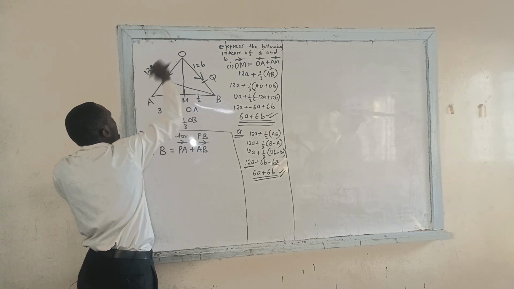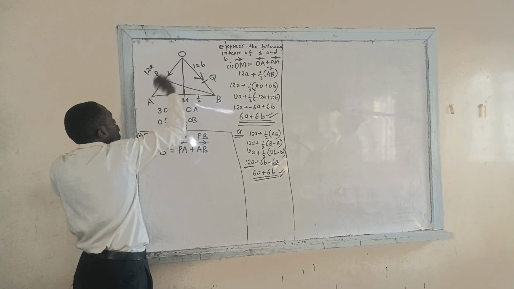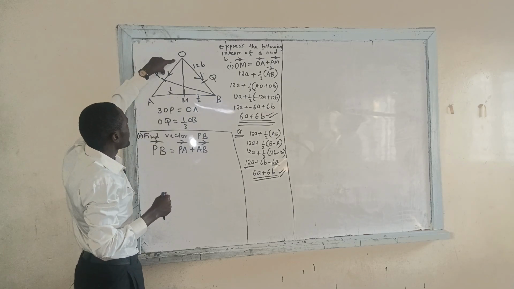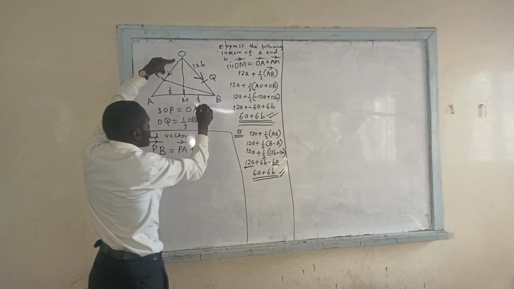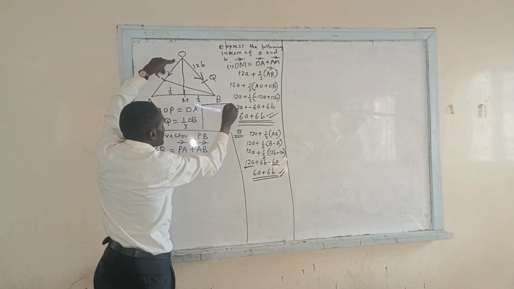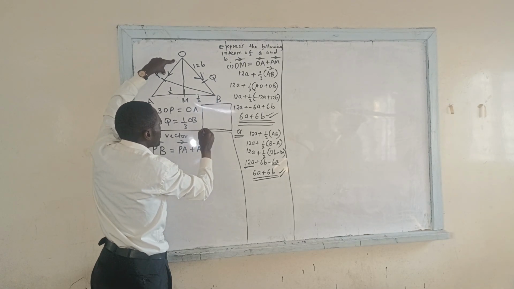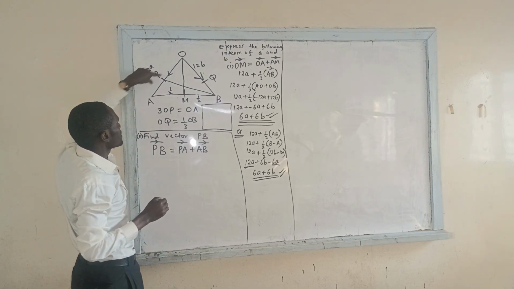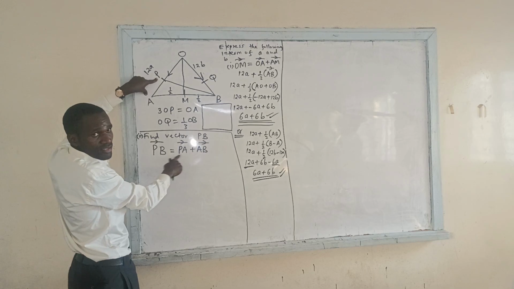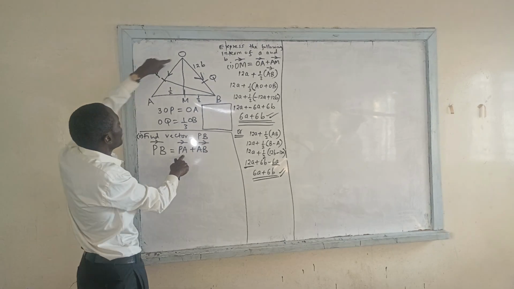The whole of this vector is 12A from O to A. But you are told OP is 3 times OA. Look at that. OP is 3 times OA. So you need to know this OP. Once you have this OP, you can get PA for you to use it here. You get the point?